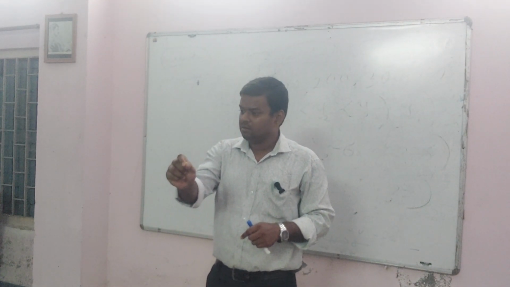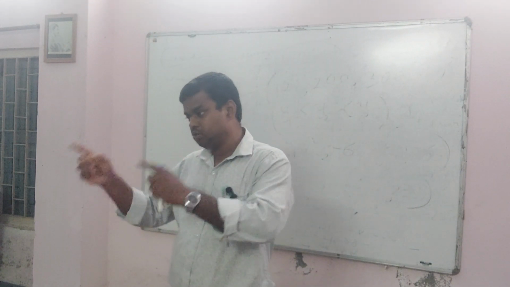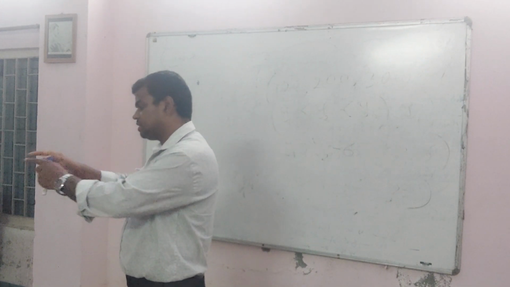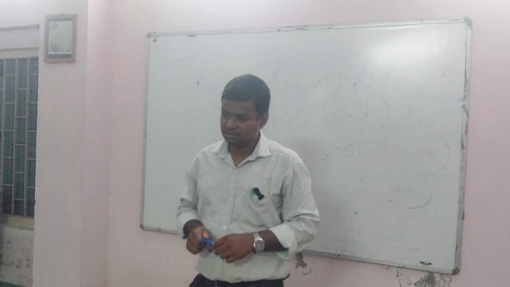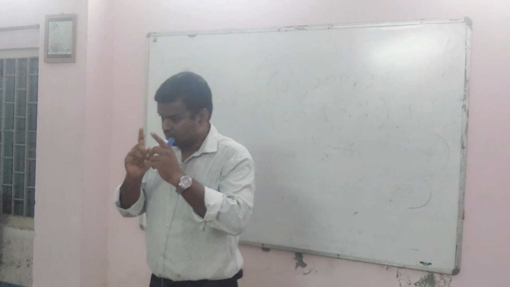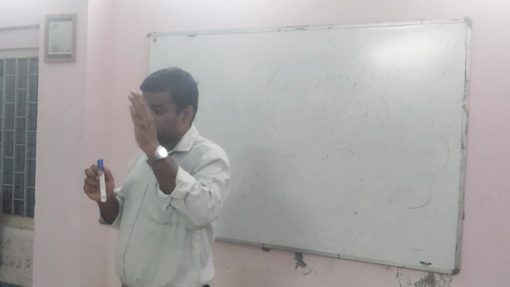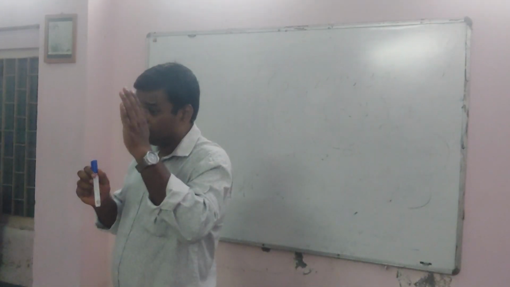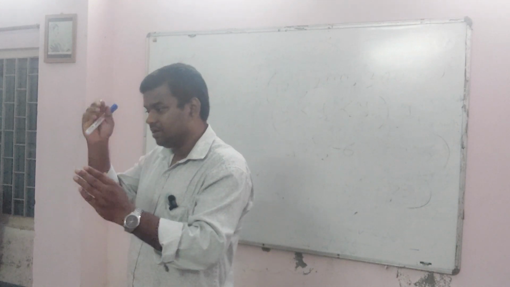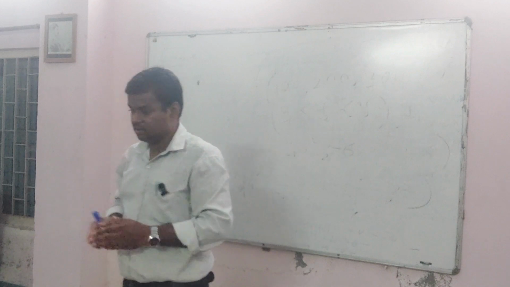When the price of a commodity changes, then it will lead to a change in the quantity demanded of that commodity. I repeat again, when price changes, then it will lead to change in quantity demanded.